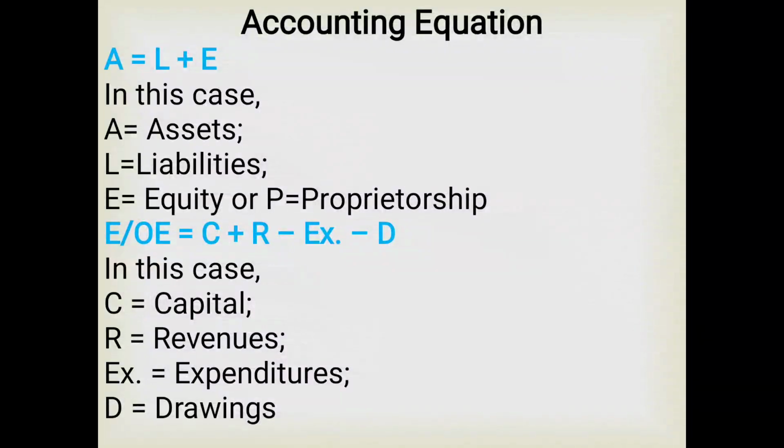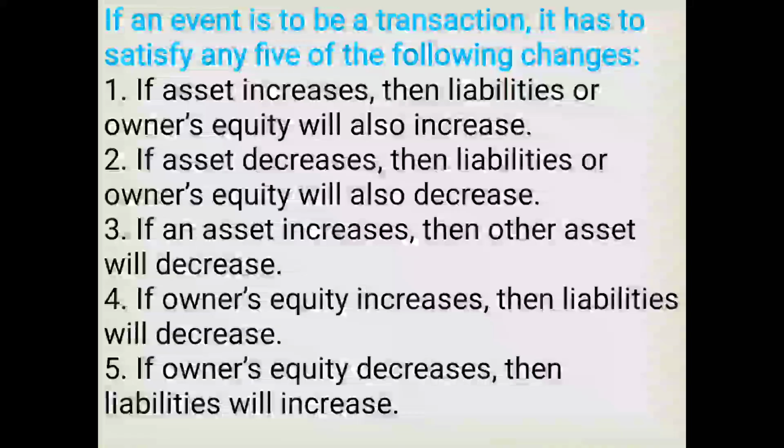Dear learners, do you see another important point in my slide? If an event is to be a transaction, it has to satisfy any one of the following changes. The first: if an asset increases, then liabilities or owner's equity will also increase. Second: if an asset decreases, then liabilities or owner's equity will also decrease.